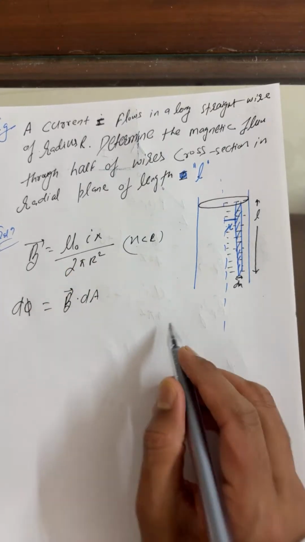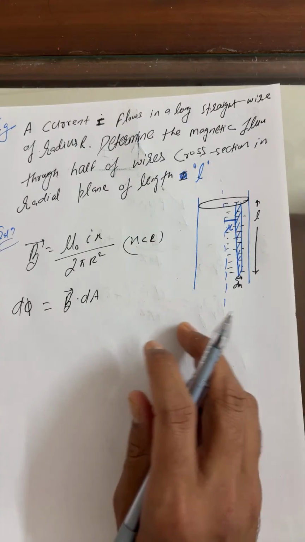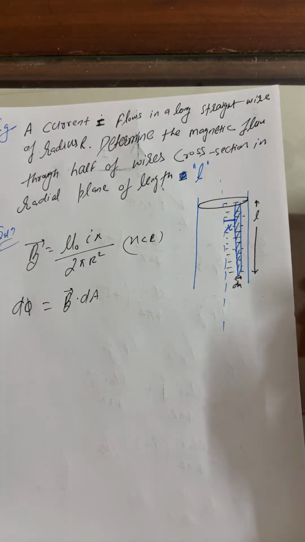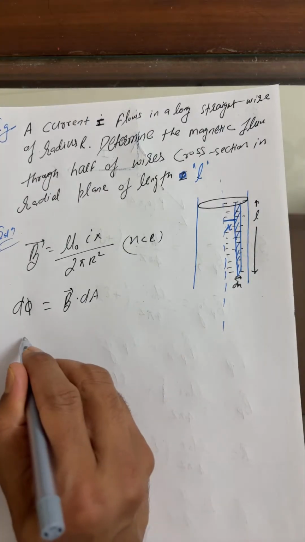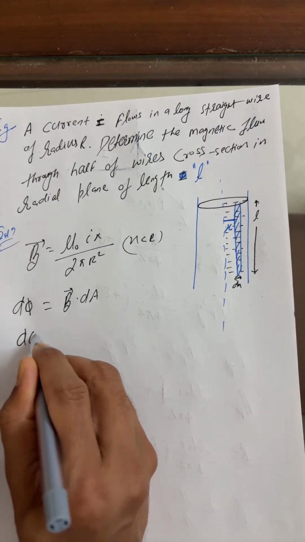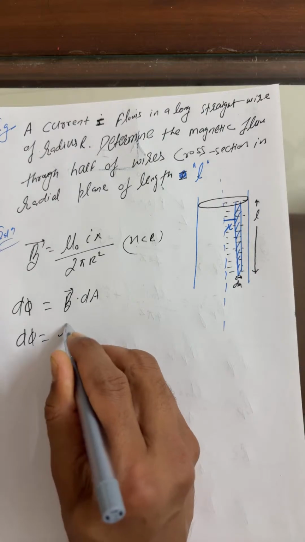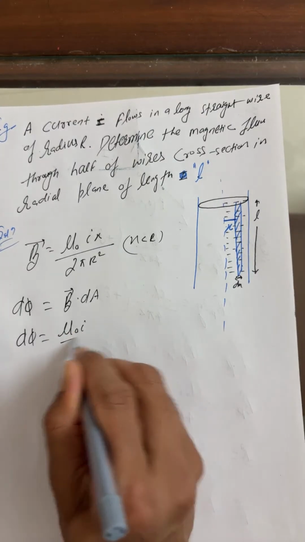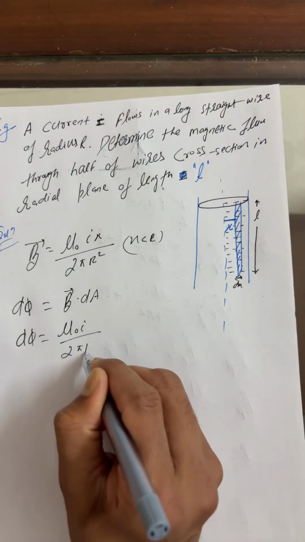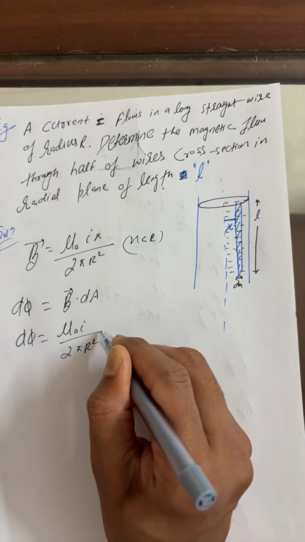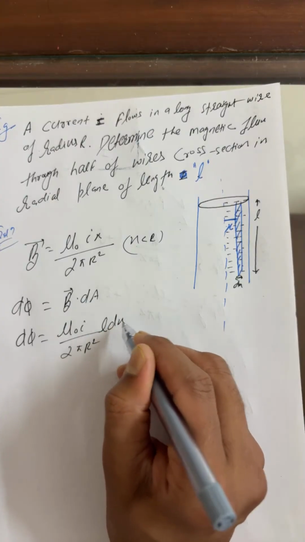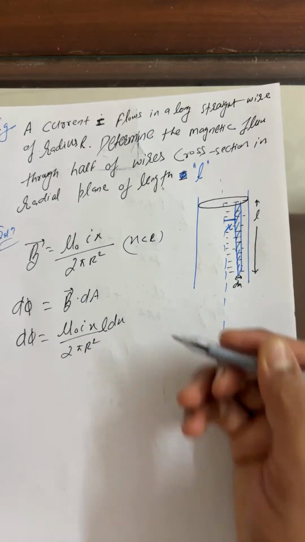B we already found. What's dA? Length into breadth. It's a strip, a rectangle. So d phi is equal to mu naught I upon 2 pi R square, times L into dx into x.